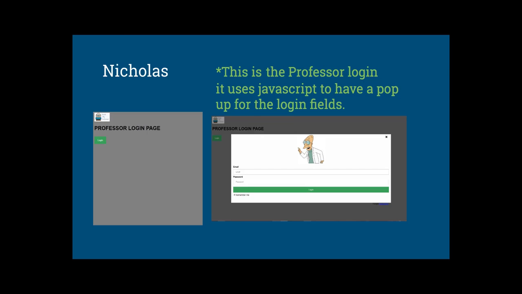For the pop-up to open, they just have to click on that green login button, and then to close the login, they can either click on that red X, or well, the gray X, it'll be red when they hover over it in the upper right corner of the pop-up, or they can just click off of it.